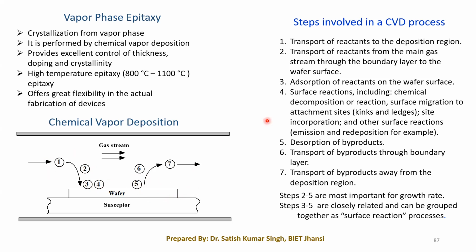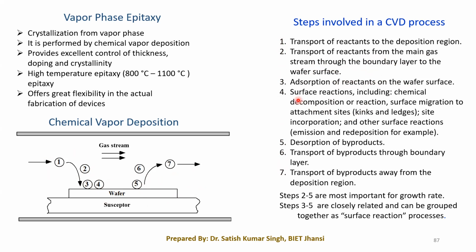So these are the different 7 steps that I have explained, the 7 steps that this particular chamber will go through. You can see transport of reactants to the deposition region, transport of reactants from the main gas stream through the boundary layer to the wafer surface, and adsorption of the reactants onto the wafer surface.